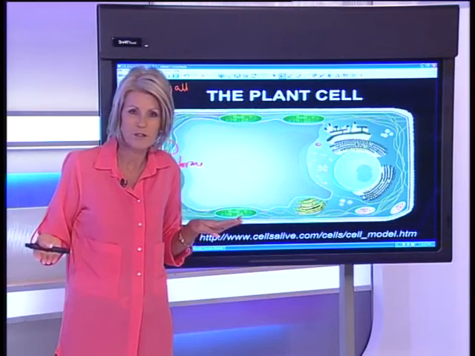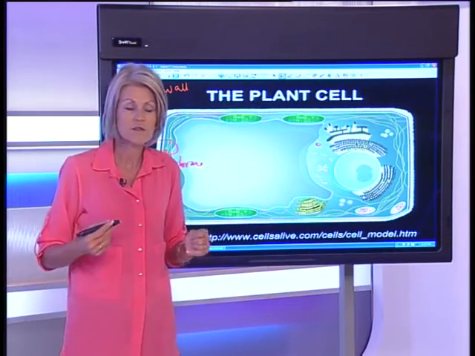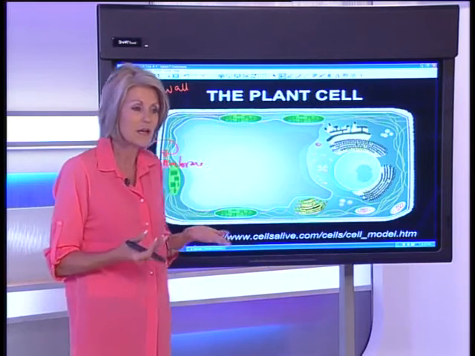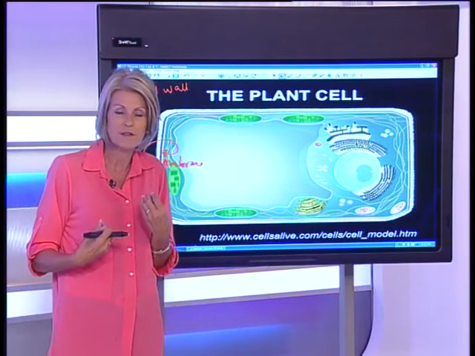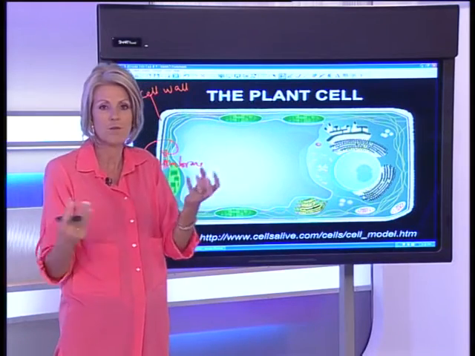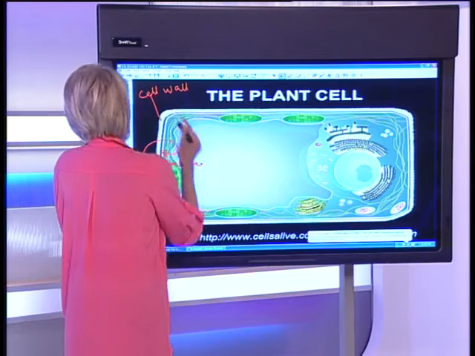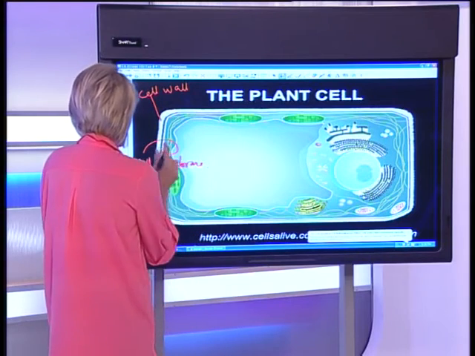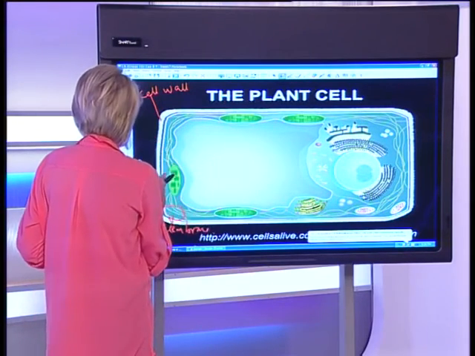No one can prove it. Nobody lived 500 million years ago. All right, so it's just a theory. But it's one of the aspects that they say tends to point to the fact that animals and plants had the same origin. All right, so the plant cells, they develop cell walls, and then you've got your cell membrane, which sits right against the cell wall.